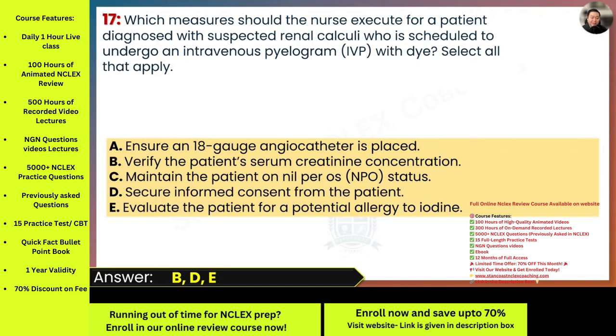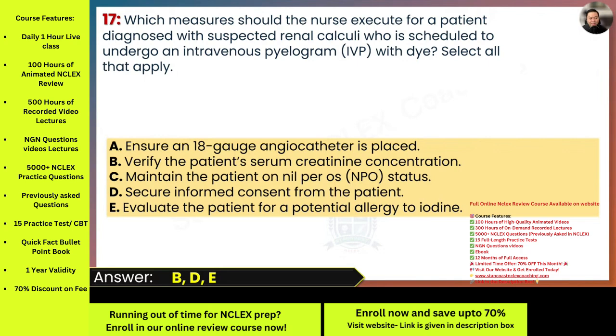And the best way to do this is to ask the client directly if they had any prior reactions to products like betadine or shellfish. And if we fail to do this action, this can lead to possible severe reactions, anaphylaxis. And so this is going to be another good intervention.